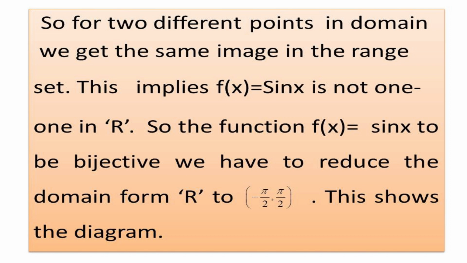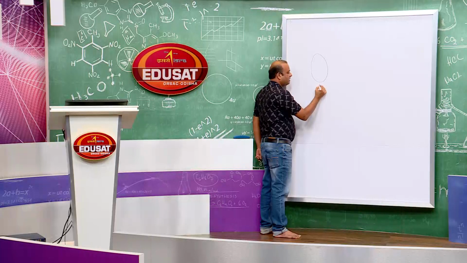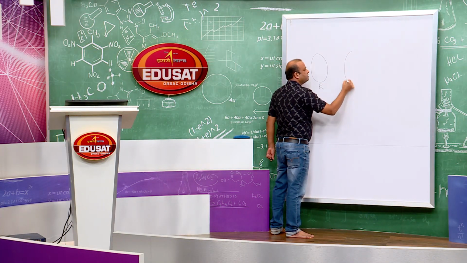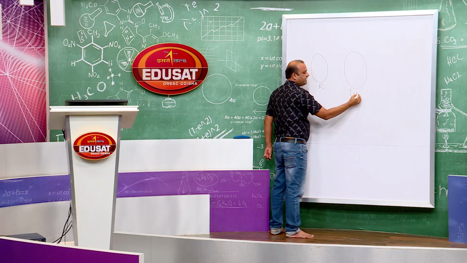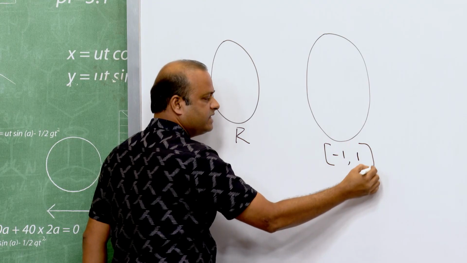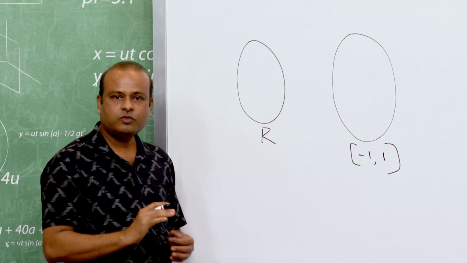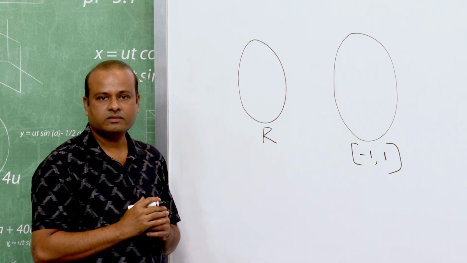So, let us take the figure like this. Suppose this is the domain R and this one is the range set. Better you take it as codomain. Codomain is R, but you take it as a range set, that is the closed interval -1 to 1.